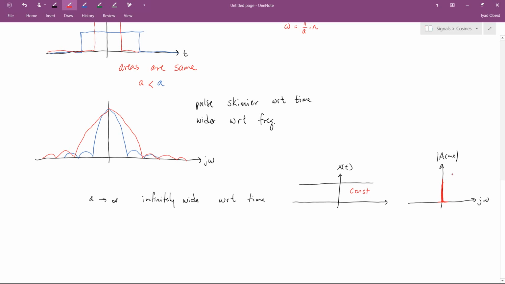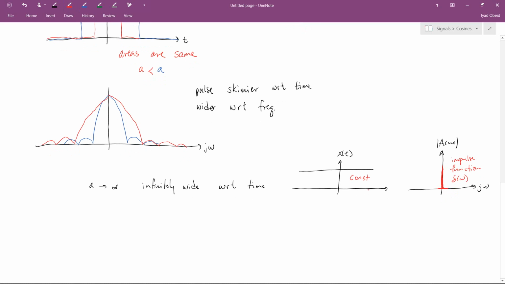And that's what we call the impulse. That is an impulse function, delta of omega. And what's interesting is it tells us what we already knew, which is that a constant function contains energy only at omega equals 0.